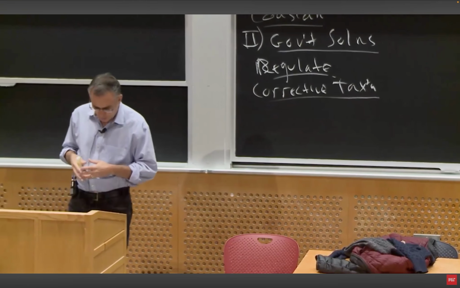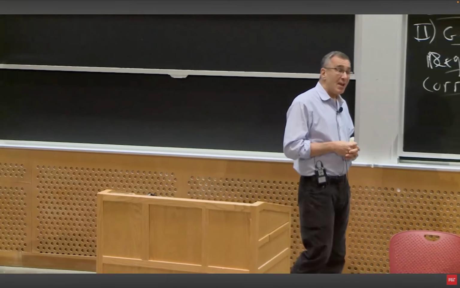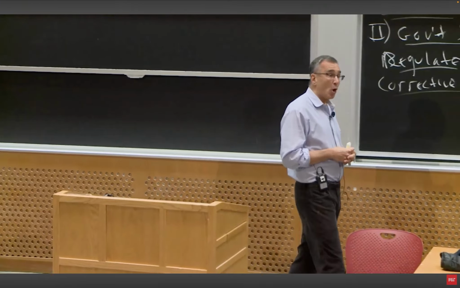Then I can go to the steel plant and say, I'm going to levy a tax of MD. What would that do to the steel producer's decision? Well, let's go to figure 24.4. The former equilibrium was at A. Now the government is coming along and saying, I am going to levy a marginal tax of MD on every unit you produce. That raises their marginal cost by the amount MD, shifting their private marginal cost curve up to the point where it equals the social marginal cost curve.